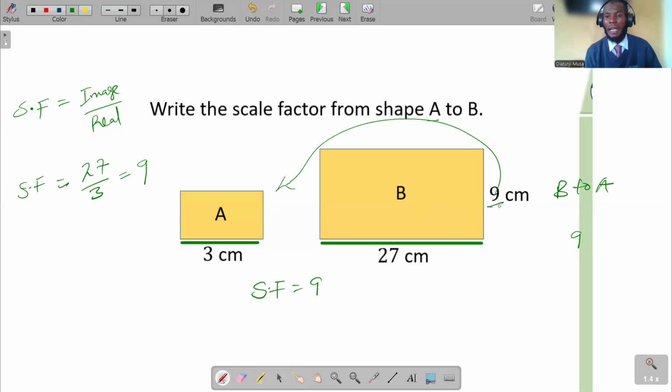We just need to divide 9 by 9 to get the corresponding side.